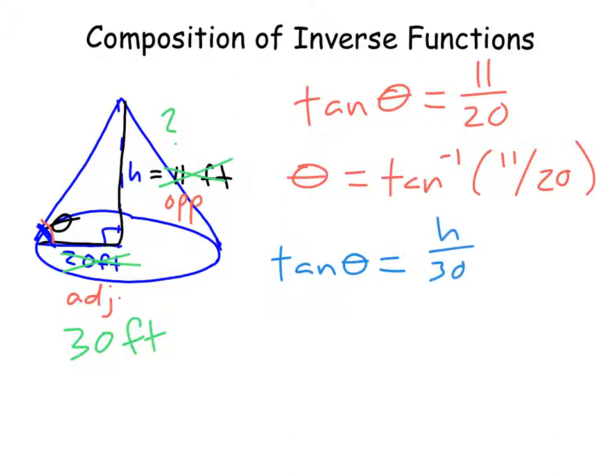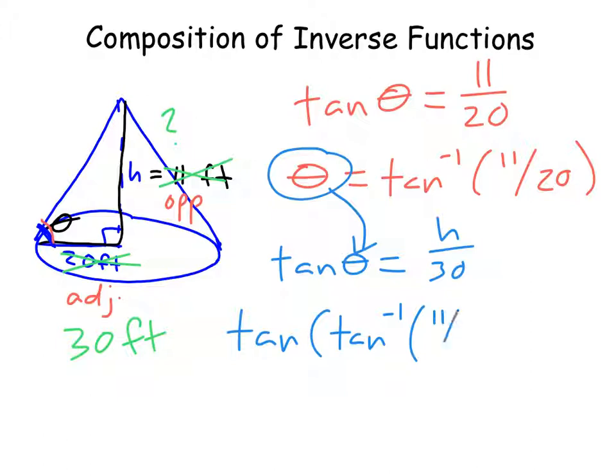Now this is a little bit of an issue because this equation has two variables, except I have a different expression for the angle, and I could write in here inverse tangent of 11 over 20 equals h over 30.